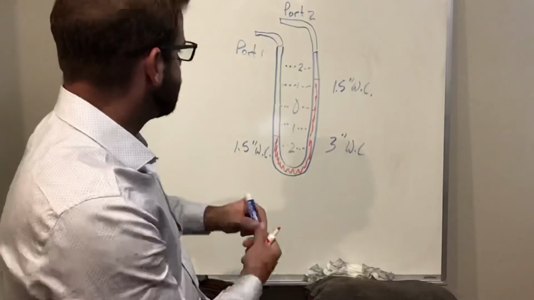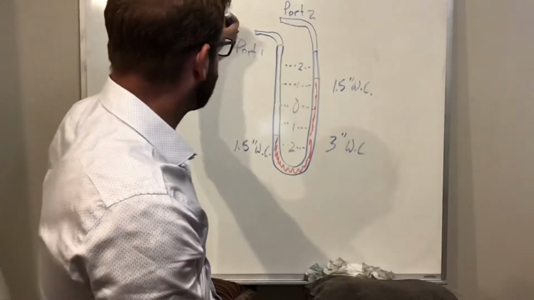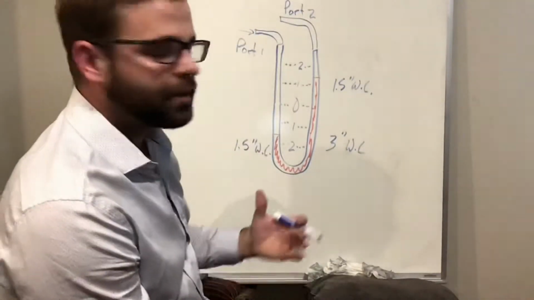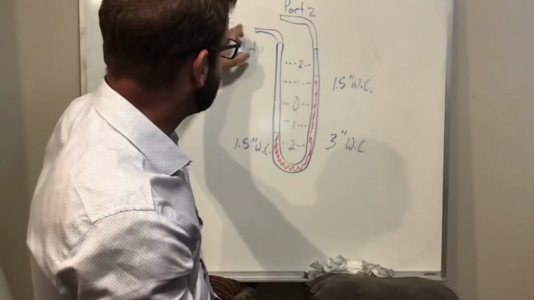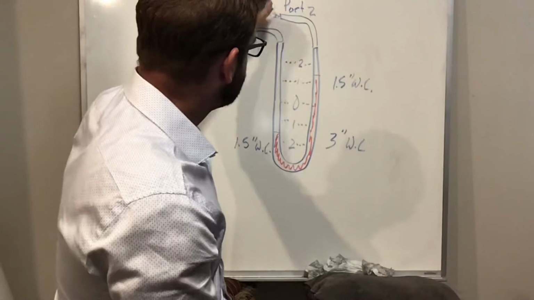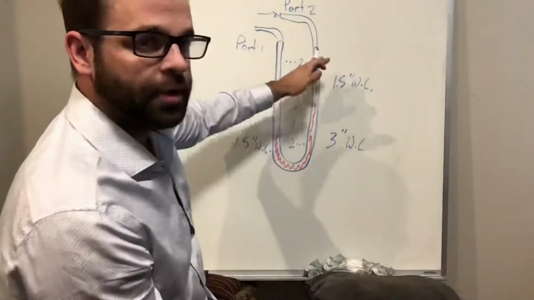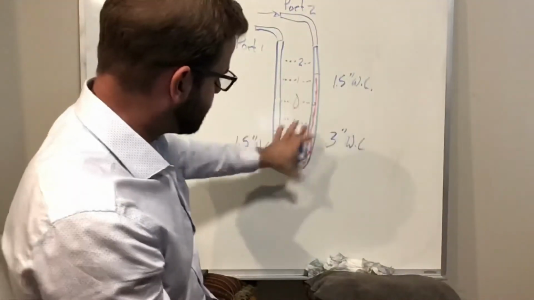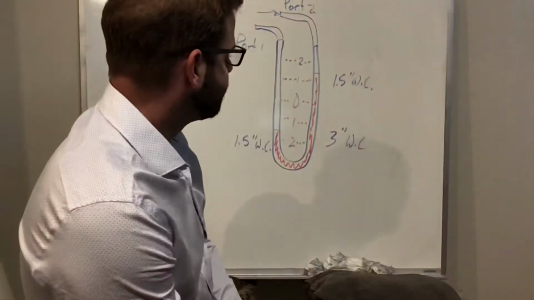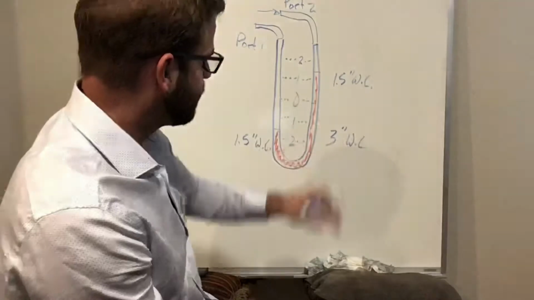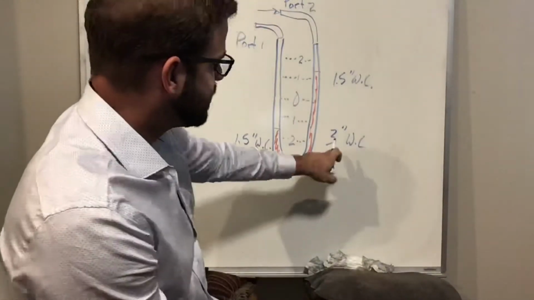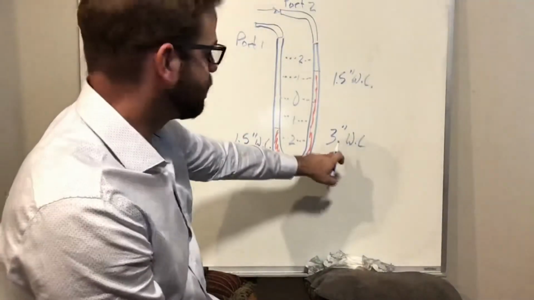We said that the applied pressure was at port number 1, but let's say the pressure instead was at port number 2. If we had the exact same measurement appear, we still would see a difference of 3 inches of water column.